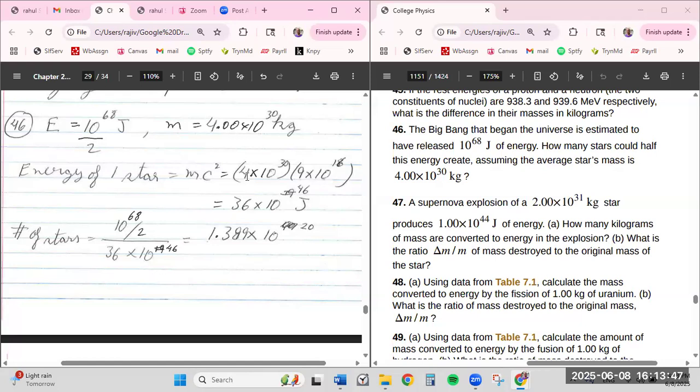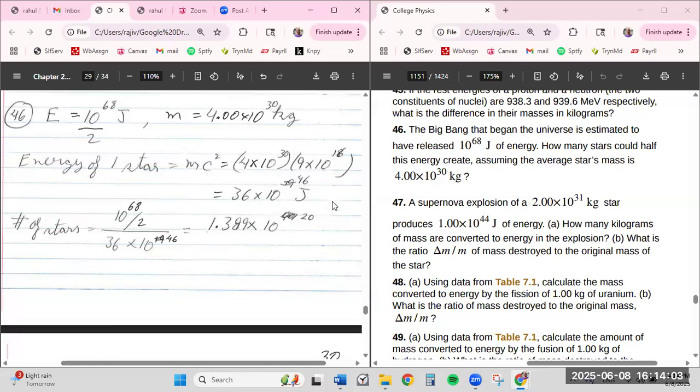So the energy of each star would be 4 times 10 raised to 30 times the square of the speed of light. Speed of light being 3 times 10 raised to 8. When you square it, you get 9 times 10 raised to 16. So when you multiply that by 4 times 10 raised to 30, the energy of each star comes out to 36 times 10 raised to 46 joules.